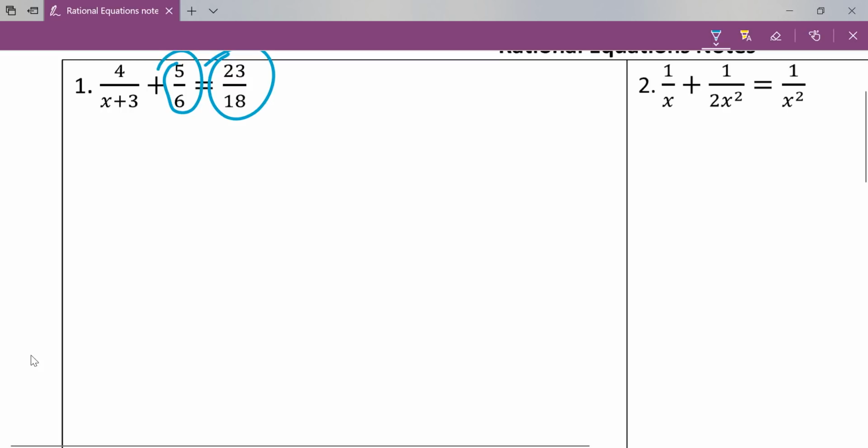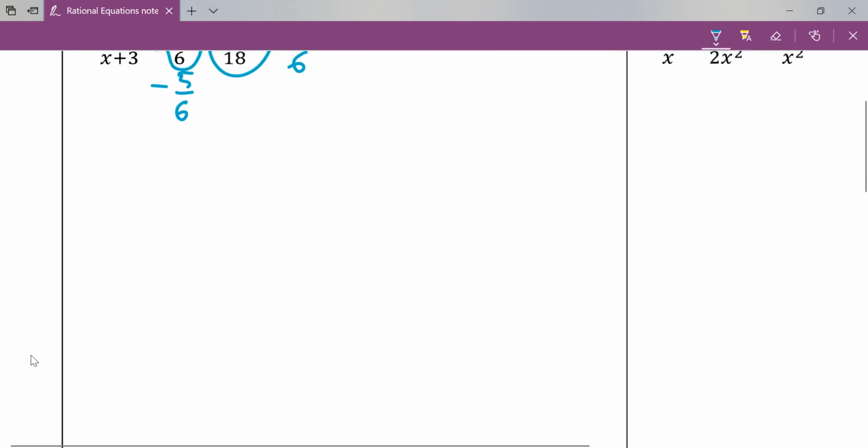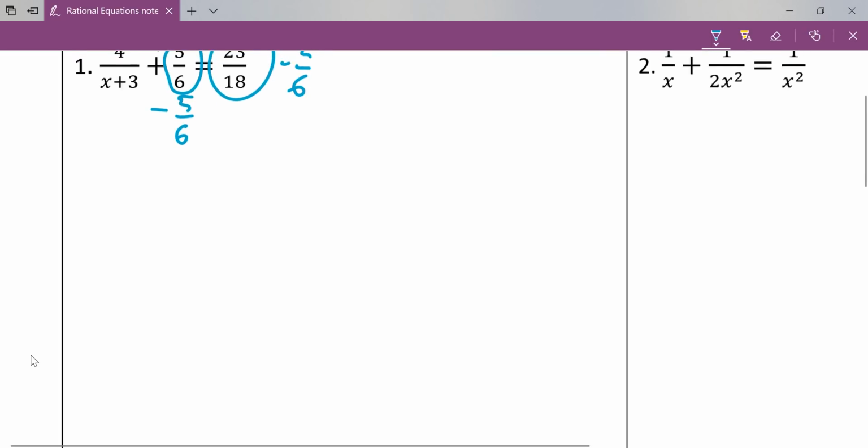So we could actually start by subtracting 5 over 6 from both sides. And this will give us 4 over x plus 3 equals 23 over 18 minus 5 over 6.